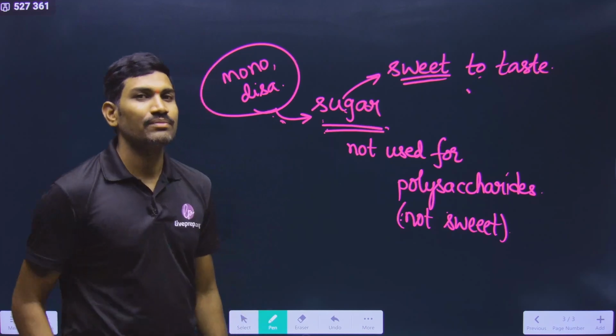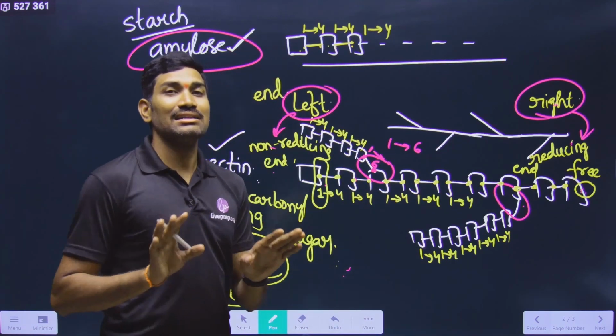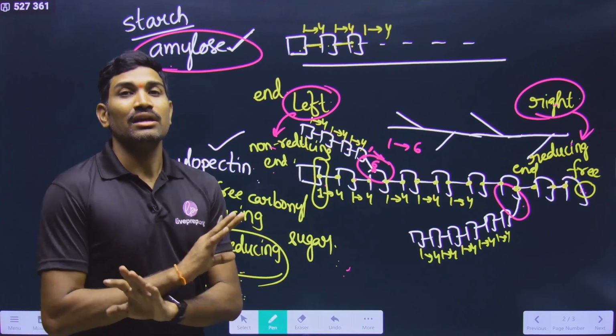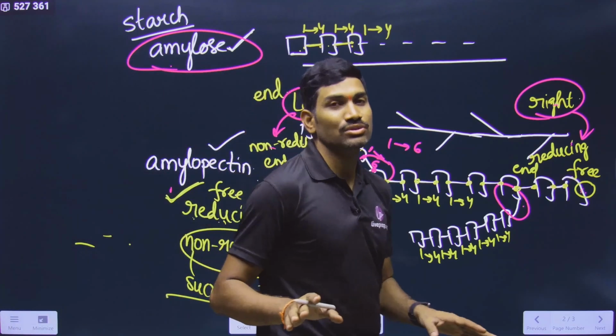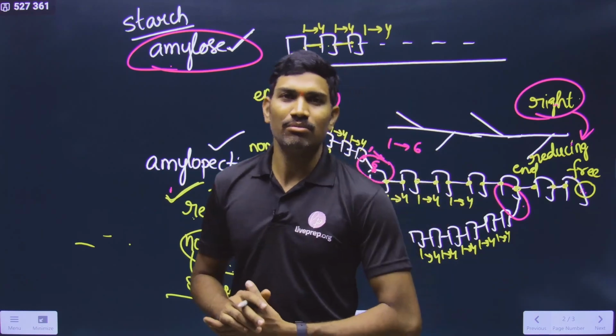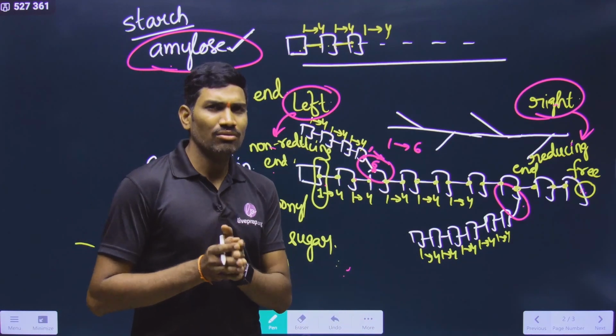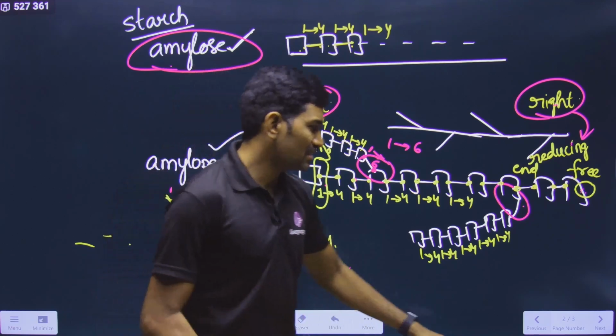This is one point. And the next point: these polysaccharides are considered non-reducing. They are not considered reducing. Please understand this. In higher classes you will study all these things because they are based on some reactions. Now I don't want to explain all those, so please understand this.